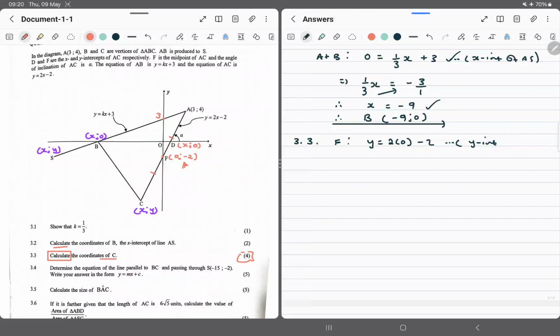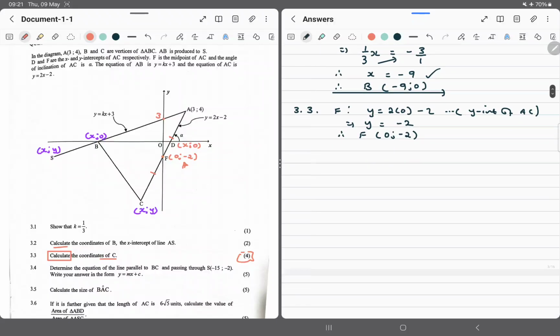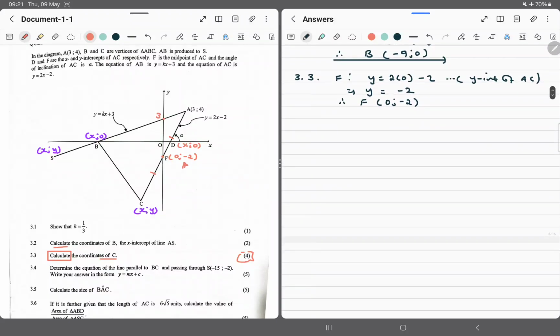This is the y-intercept of AC. This implies that y is going to be equal to minus 2. Therefore point F is going to be (0; minus 2). That point needs to be shown how it is arrived at. You can't just write it. Obviously in their memos they will just write it because they're not being marked by you, but you are being marked by them. So you have to display that you are a soldier, not a chancer.